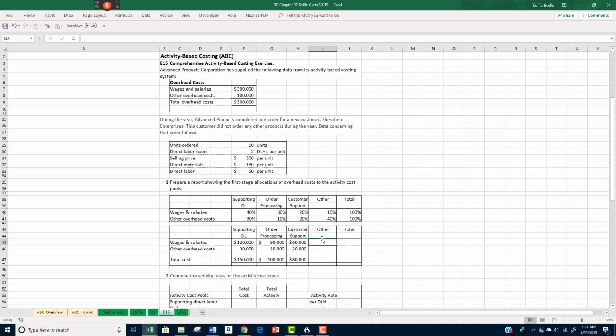Then in other is 10% of 300,000, 30,000. 40% of 100,000, 40,000. 40,000 plus 30,000 gives us 70,000. At this point, we've assigned overhead costs to the activity pools.